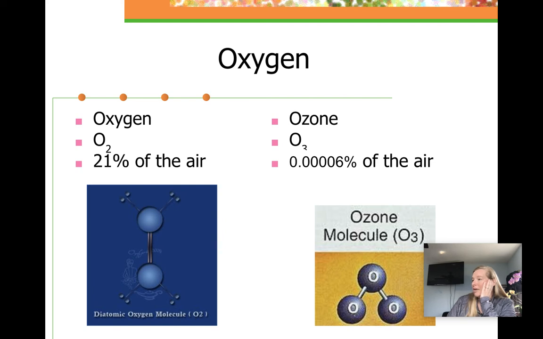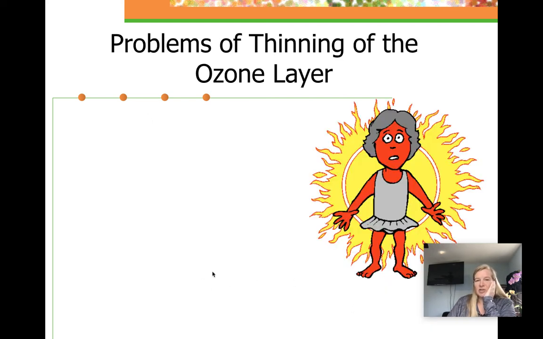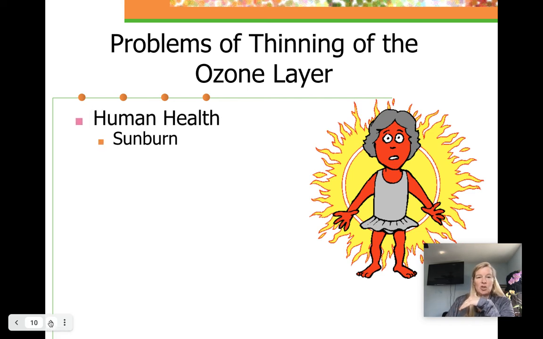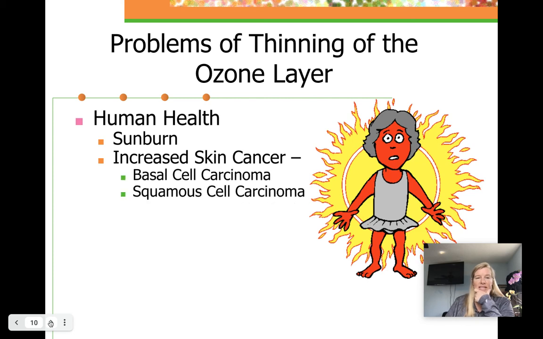So what are the human and environmental consequences of ozone layer thinning? The ozone layer blocks out UV, in particular UVB. So if we reduce the ozone layer, the concentration of ozone goes down, and for human health you're going to see increased instances of sunburn and skin cancer, in particular squamous cell carcinoma and basal cell carcinoma.